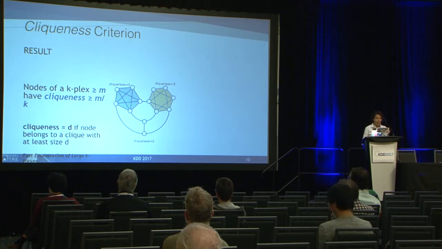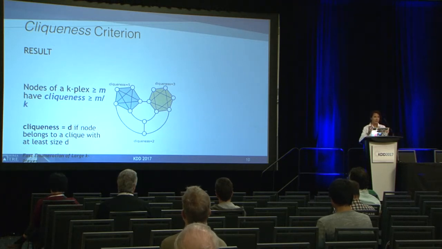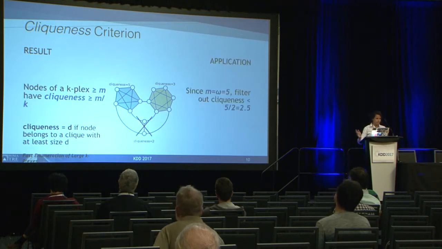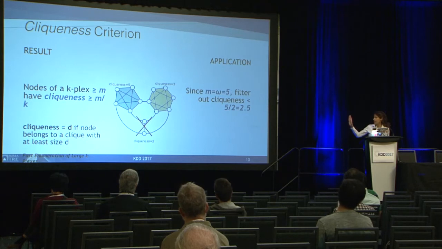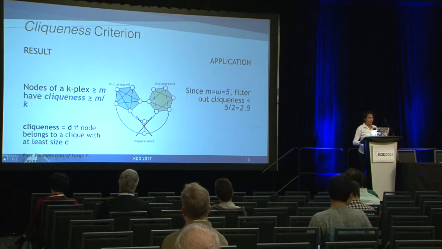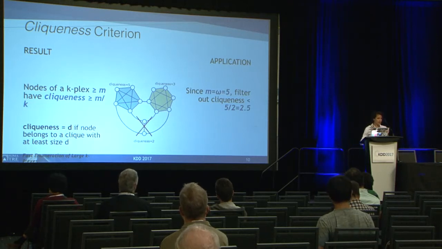Cliqueness is a term that we introduced. We said that the cliqueness of a node is d if d is the size of the largest clique it participates in. So this time we need to filter out everything having cliqueness smaller than 2.5, and the nodes below go out. That is okay for the toy example.